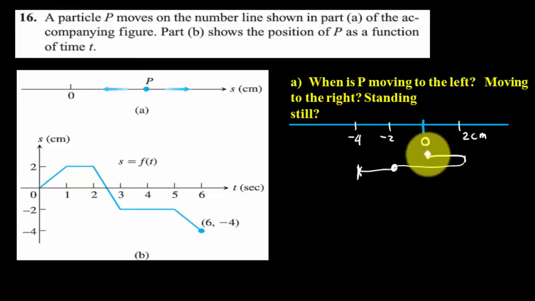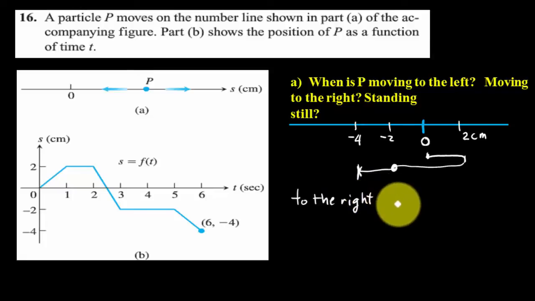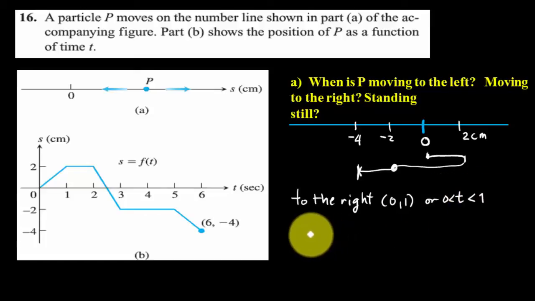So from its starting position at 0, we see that it's going to the right. So it moved to the right in what interval? From 0 to 1. Another way of writing that is t between 0 and 1. And then to the left, there are 2 intervals.